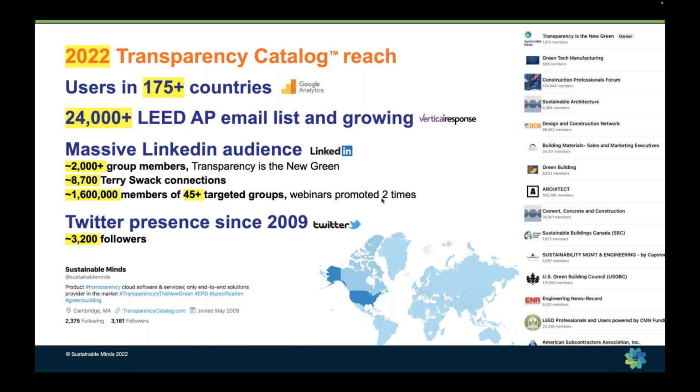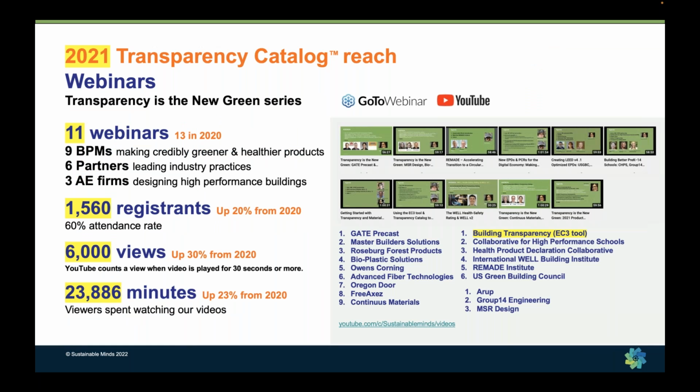We have a highly curated mailing list that we market the catalog and our content to. We've really built a massive LinkedIn audience, and we don't do that much on Twitter. The jury's still out on that, but we get a lot of visibility for the brand and for the transparency catalog to get traffic to the catalog.